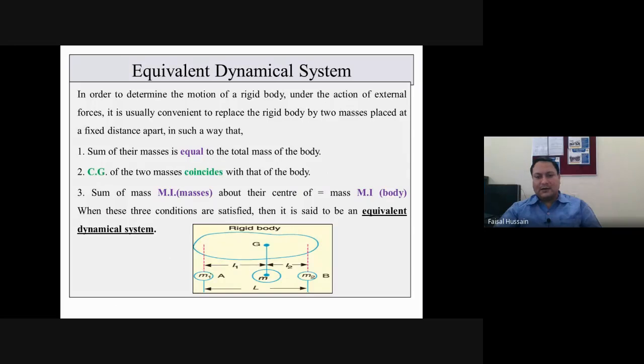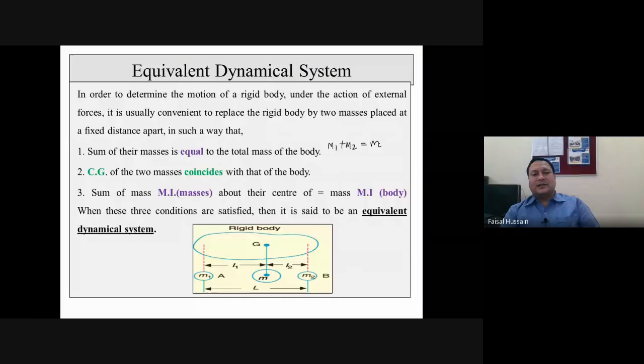For example, M1 and M2 are the two masses in the rigid body. So sum of M1 plus M2 is equal to what? M. This condition has to be satisfied. Then second is the CG of the two masses coincide with that of the body.